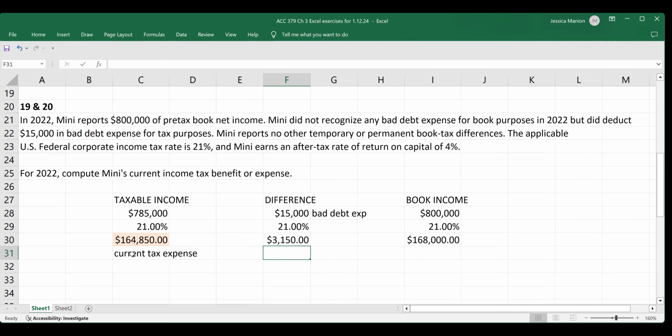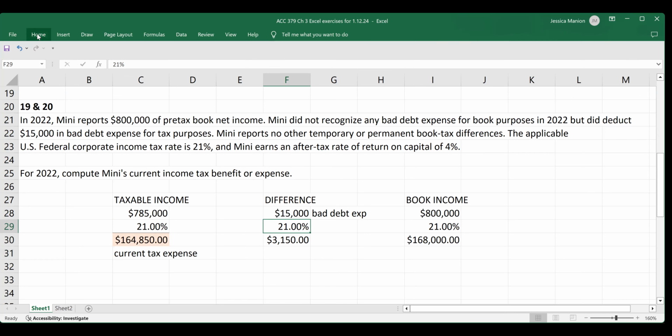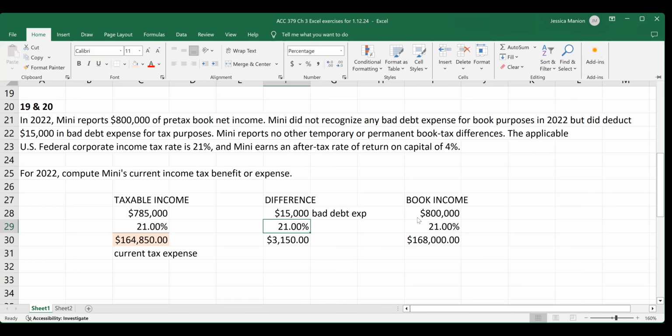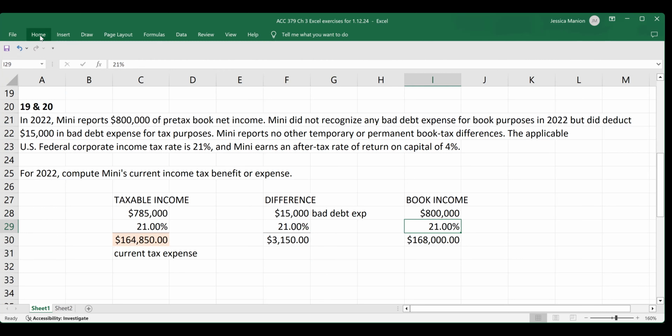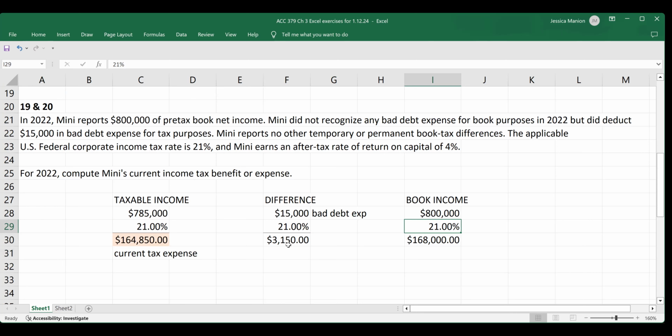And then they were asking for these other two amounts for number 20. So that's why I say we just kind of do both of them together. No biggie. Saves you a couple few homework assignments, right? And then the total tax expense, right?